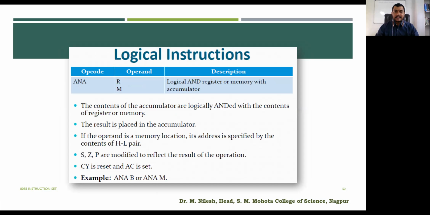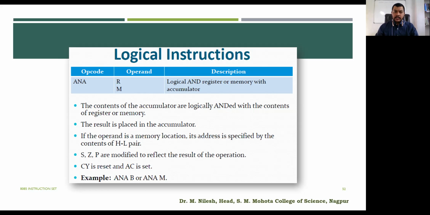The next instruction is ANA. So ANA register or memory with the accumulator, right? So these are the mnemonics. Opcodes are different, right? So ANA is ANDing the accumulator with a register or the memory, as I have shown you in the program, right?